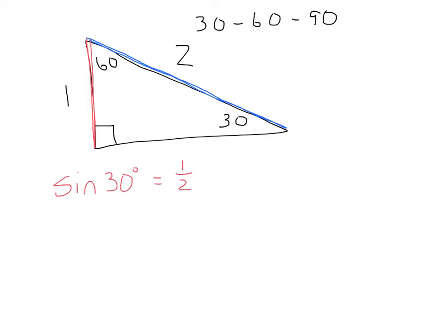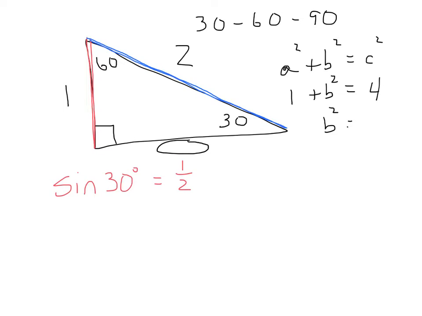Pythagoras will tell us that a squared plus b squared equals c squared. So if I use the Pythagorean theorem here to find the missing piece, of course, the 2 represents the hypotenuse, and so 2 squared is 4. If I let 1 be my a, 1 squared is 1. And I can then solve for b. If b squared is equal to 3, then b will be equal to the square root of 3.